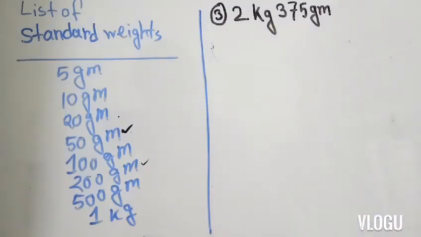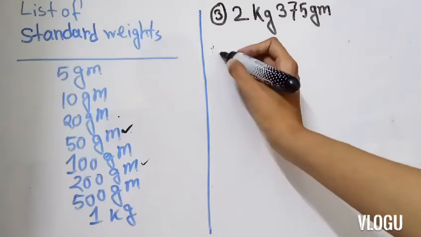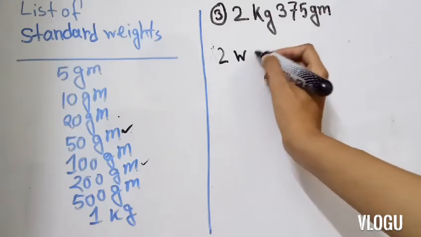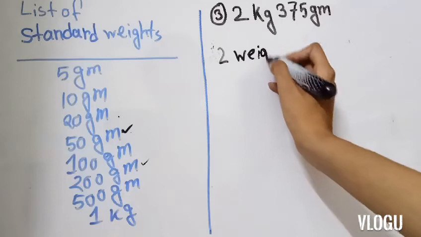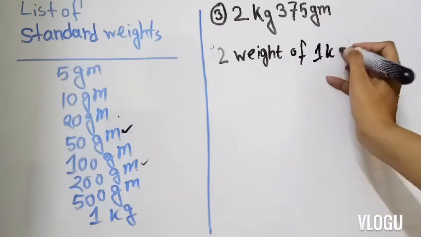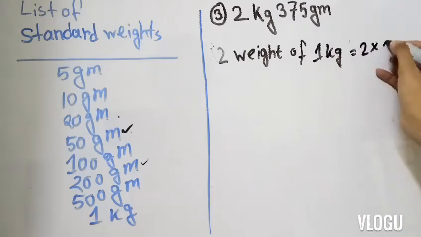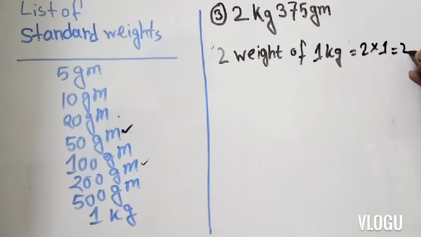If we take 1 kg, we will get 2 kg. So I'm taking 2 weights of 1 kg is equal 2 multiplied by 1 is equal to 2 kg.